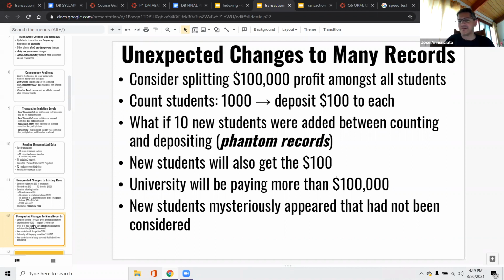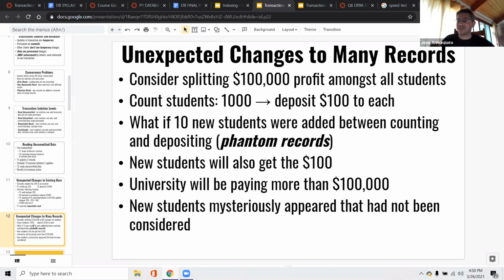Makes sense. And so while this transaction is going on and making the decision that there's 1,000 students, it comes up with saying, well, 100,000 divided by 1,000, that's $100 each. So I need to go back and deposit $100 for everybody. But while this is happening, at the same time, another transaction comes in, and a new batch of students enrolled in the department, and we insert 10 new students.